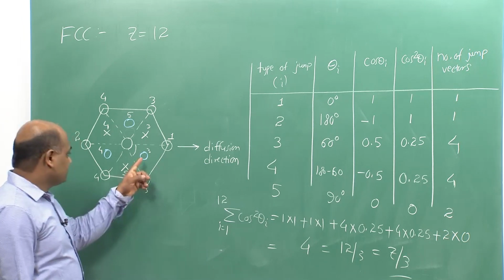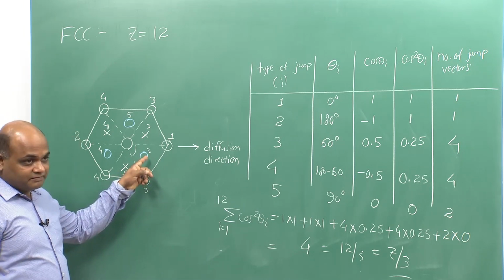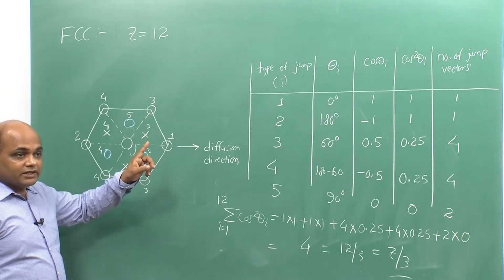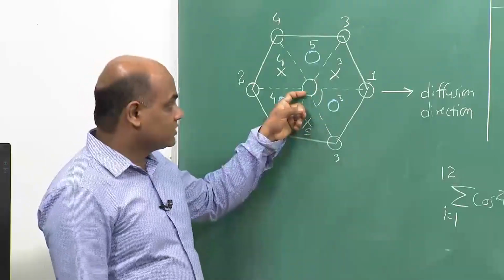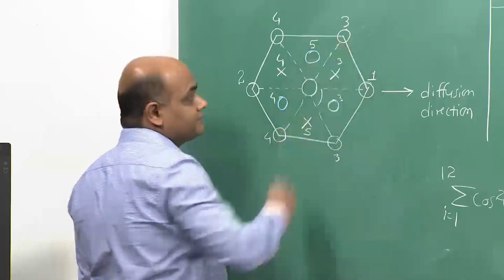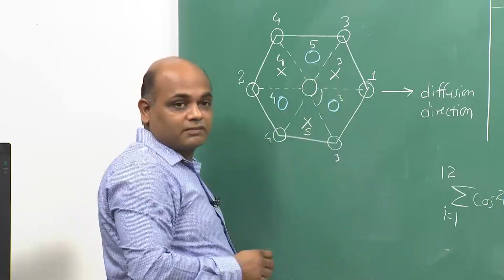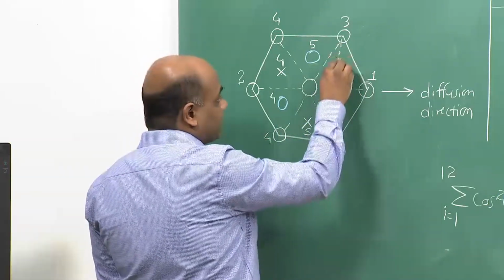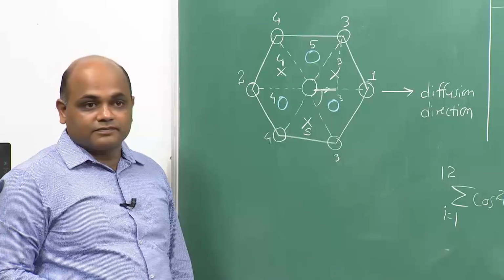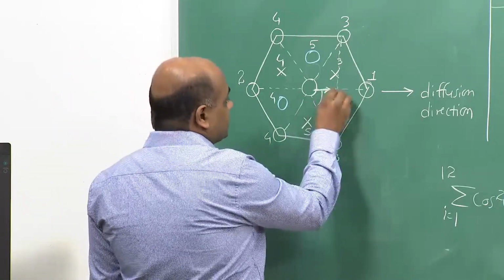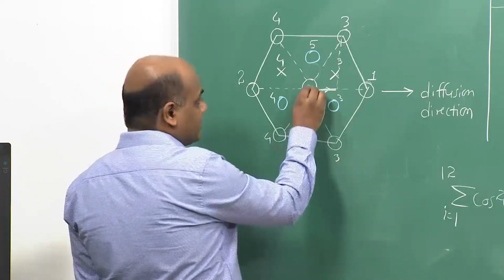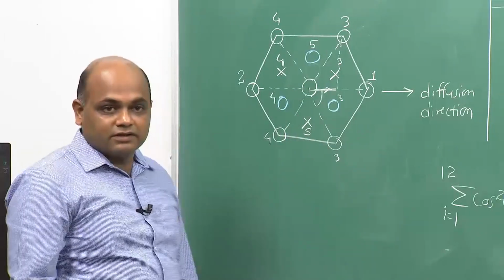So, this cos theta, why do we take cos theta? Because our diffusion direction is one direction, but the jump vector is making some angle to the diffusion direction, it is not exactly in the diffusion direction. So, if you take this jump, for example, its contribution to the plus x direction, or to the diffusion direction, is given by this projection, right. And this projection is nothing but cos theta times the jump vector, right, because this length divided by this length is the cos theta.